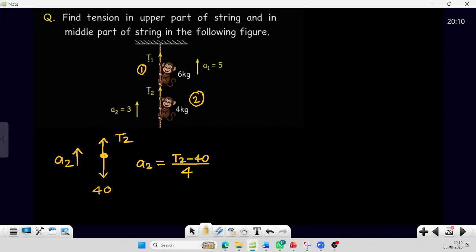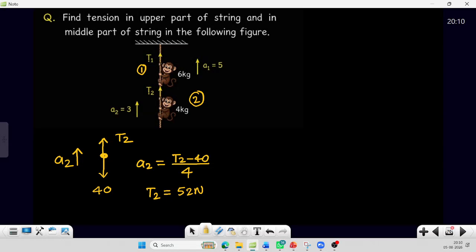With A2 given, we get T2 as 12 plus 40, 52 newtons. This is the tension caused by the second monkey.